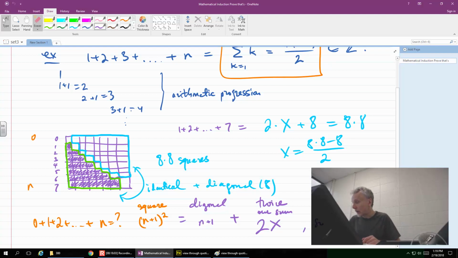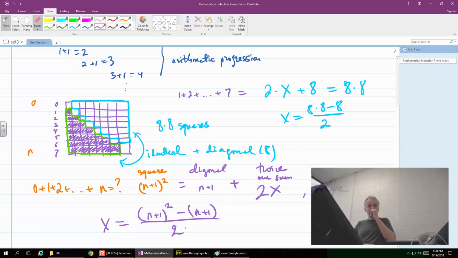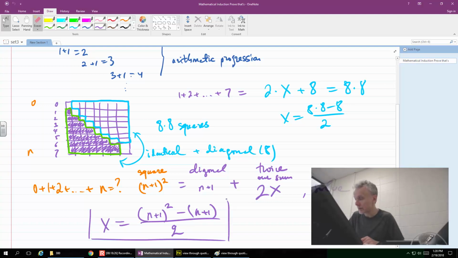So we solve it, and then we have the answer. So x is equal to (n plus 1 squared minus n plus 1) over 2. That certainly is one formula.